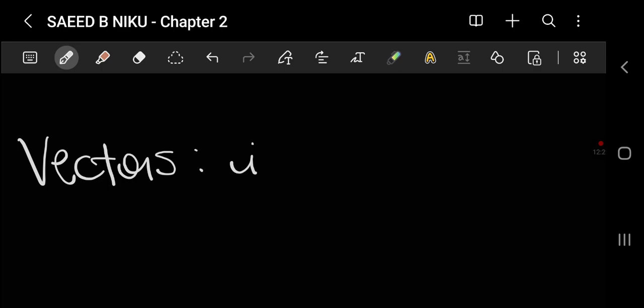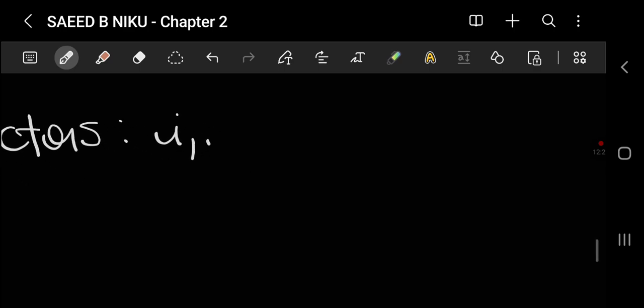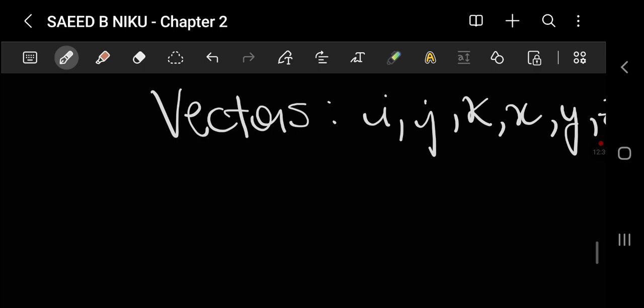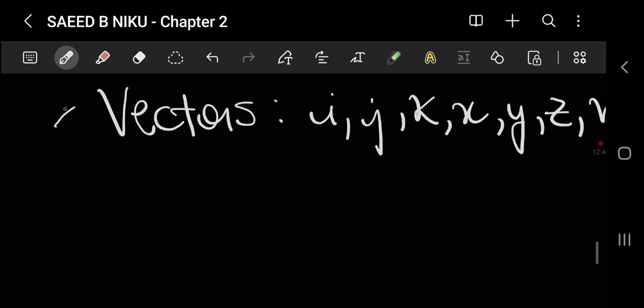So vectors, they are i, j, k, x, y, z, n, o, a, and p. Components of vectors.